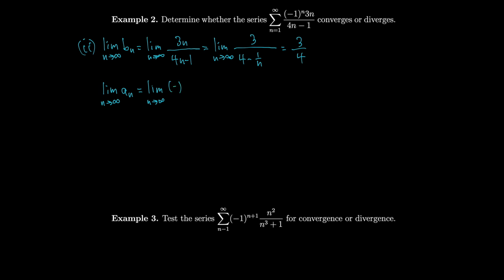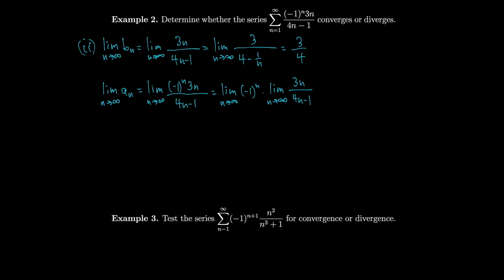If we take the limit of (-1)^n times 3n over 4n minus 1, then we could separate the limit, get the limit of (-1)^n times the limit of 3n over 4n minus 1.